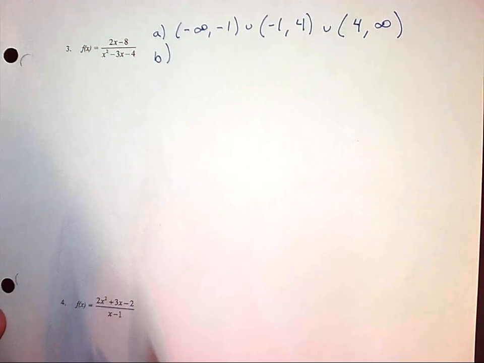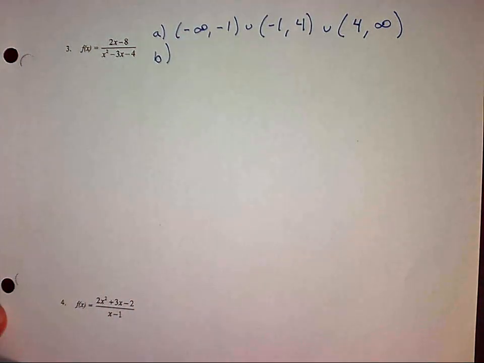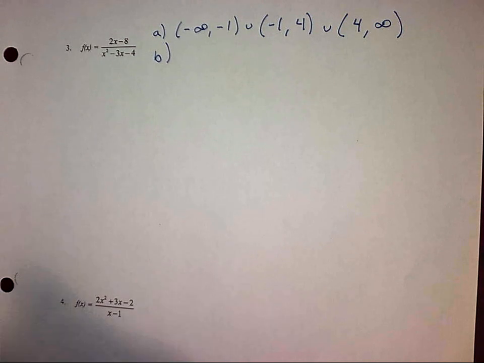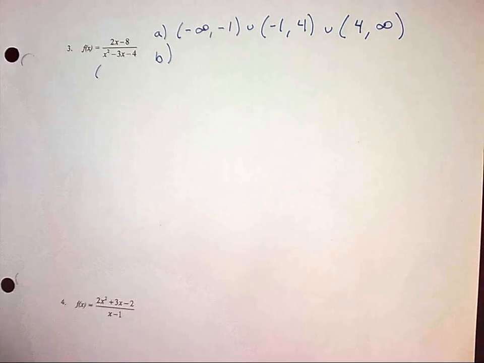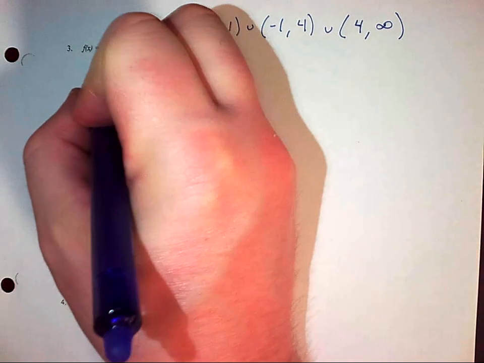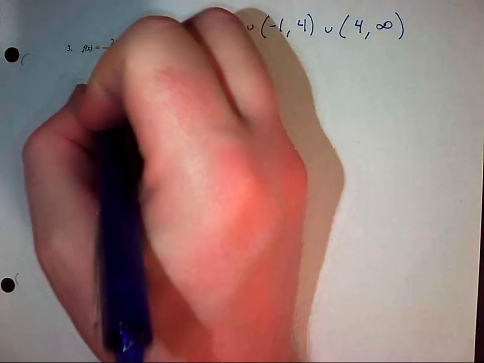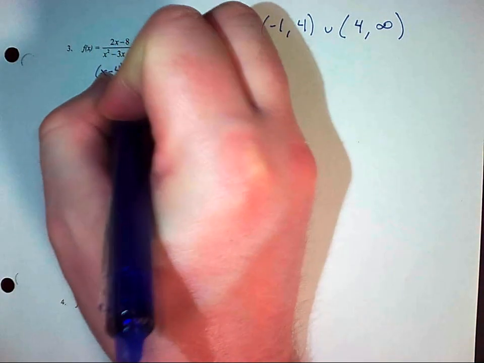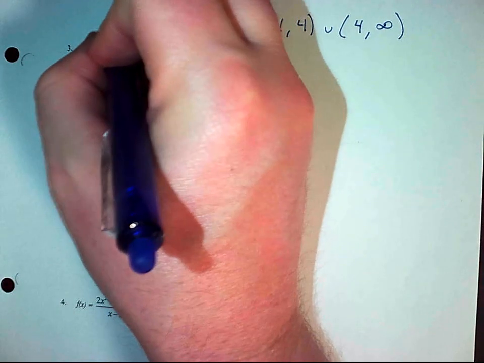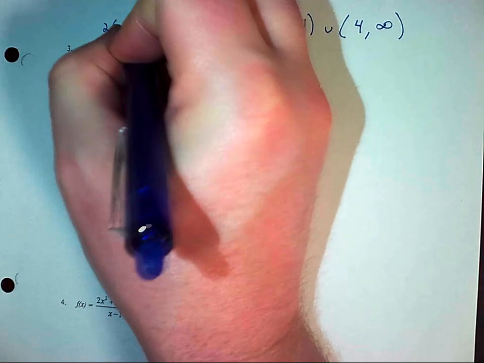For B, we also want to figure out if we have any common factors in our numerator, and in fact we do, right? So let me rewrite this here. And here I can rewrite this as 2 times (x minus 4).